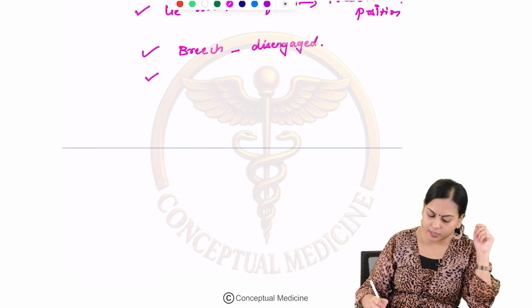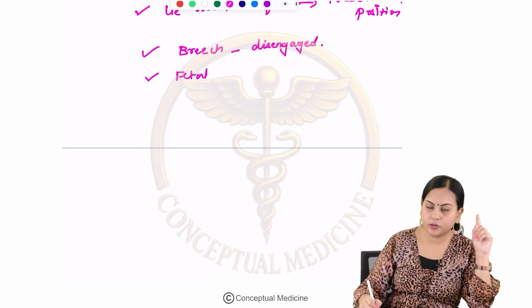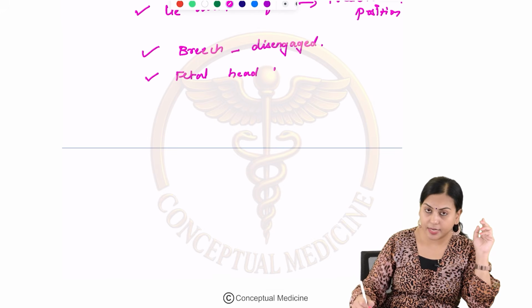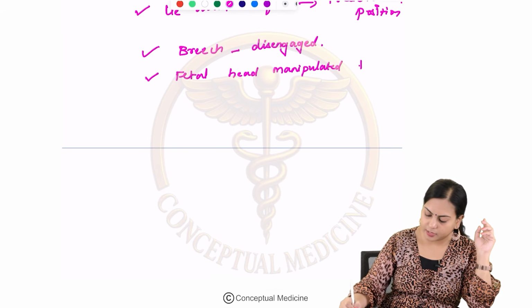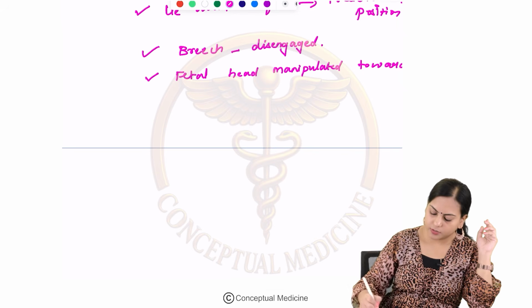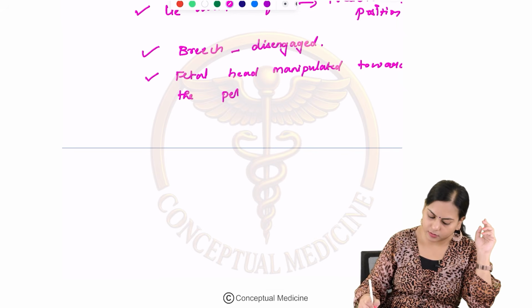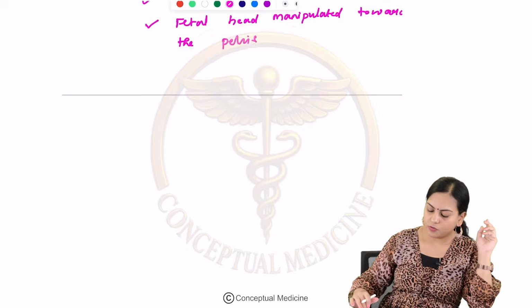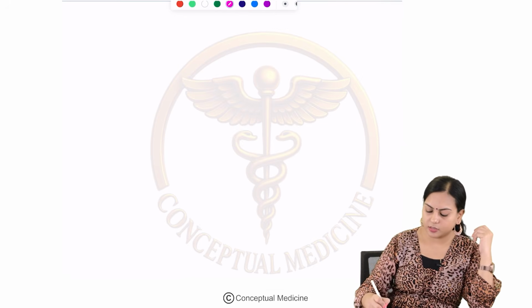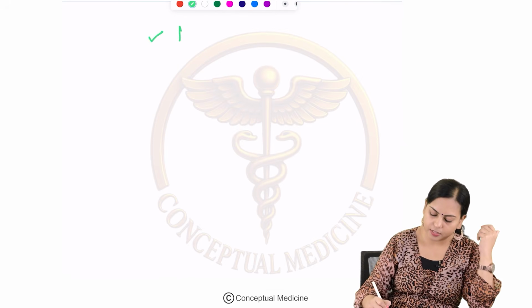Then the fetal head is manipulated towards the pelvis.